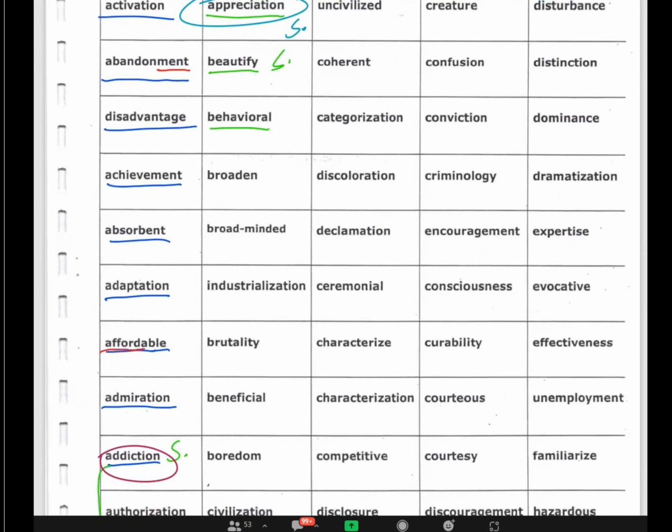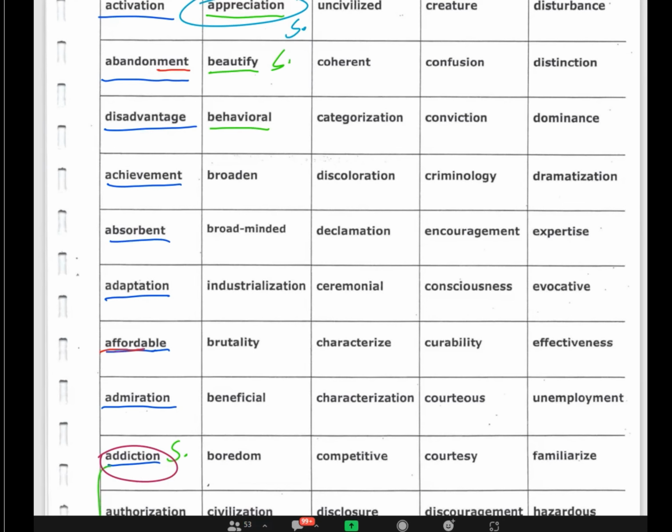Behavioral. Behavioral is from behavior. From behavior. And behave, to behave. Behavioral is an adjective here, like behavioral learning, in which people learn by looking at others' actions and behavior.